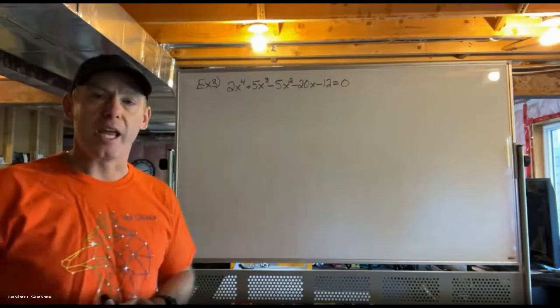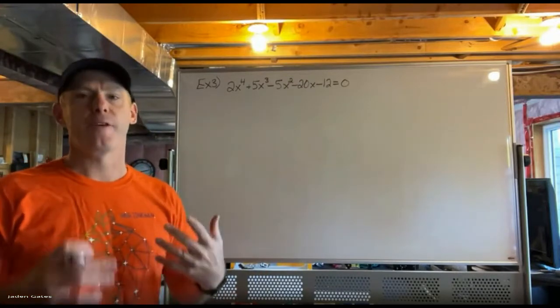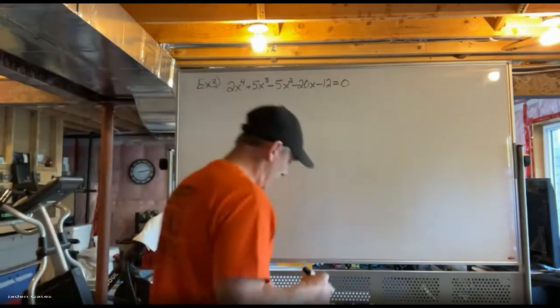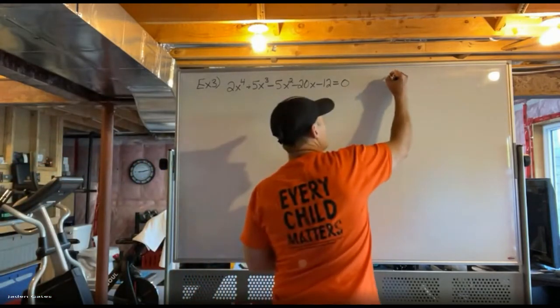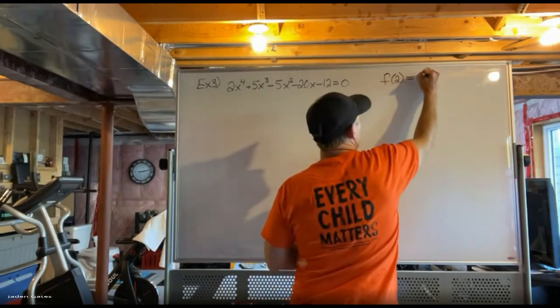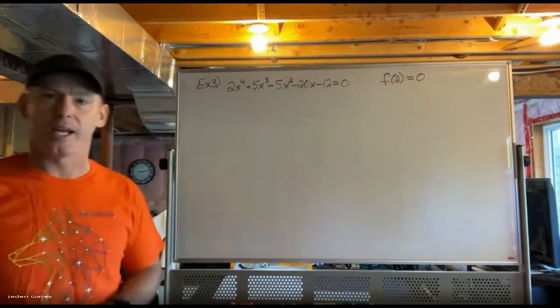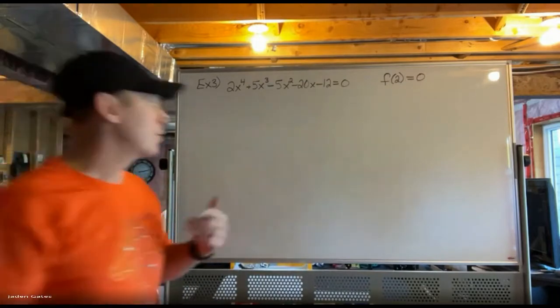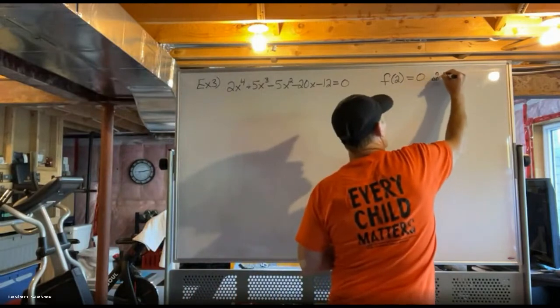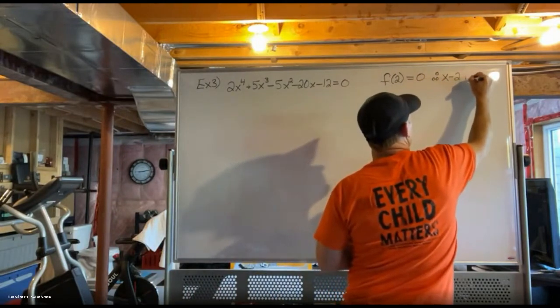Now what I need to do, again, is use the factor theorem and figure out what one of the factors is. I'm going to cheat a little bit here and tell you that when I plugged a 2 into my equation, I did get a 0. So 2 worked, and therefore x minus 2 is a factor.